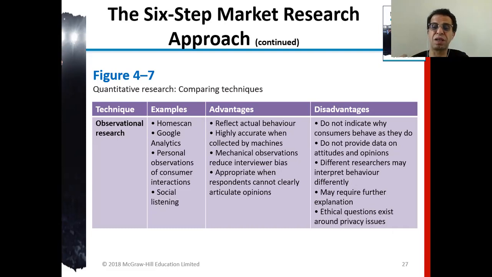One interprets that you can open a shoe factory. The other says there is no demand for shoes. So the interpretation differs, and it may require further explanation. You see a behavior, but you need more explanation of why this is happening. And an ethical question exists around privacy, because you're watching people.